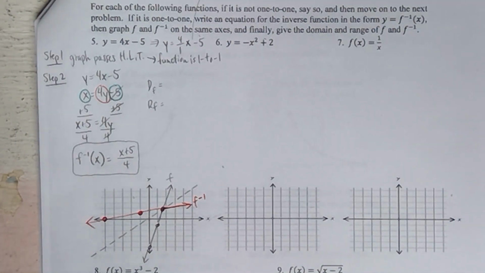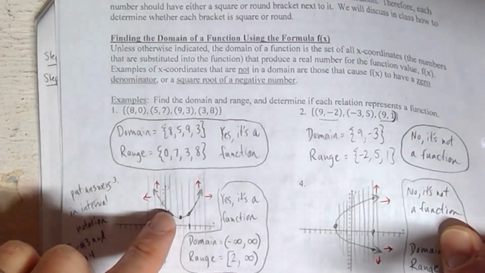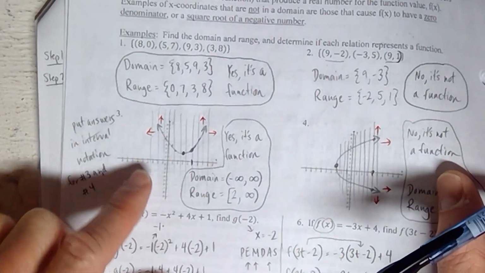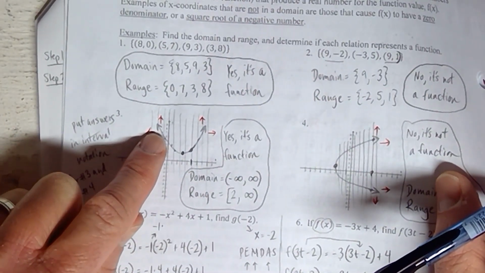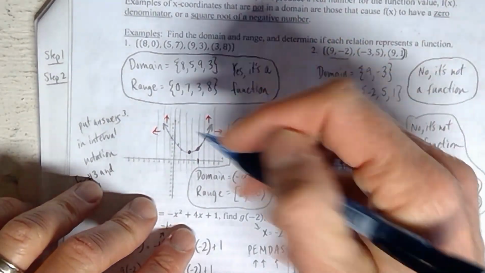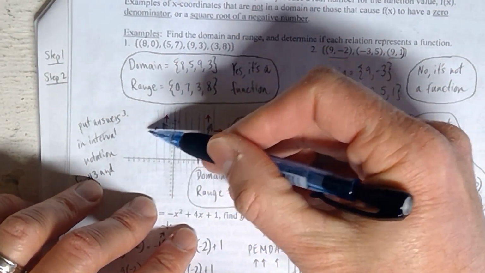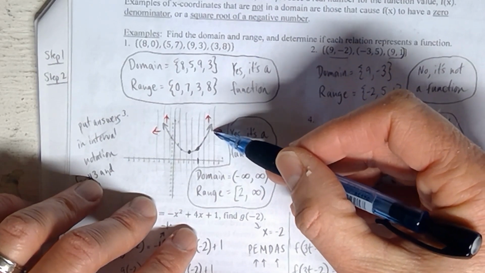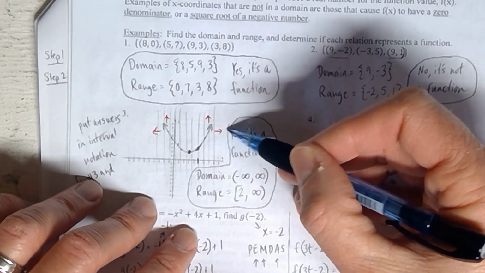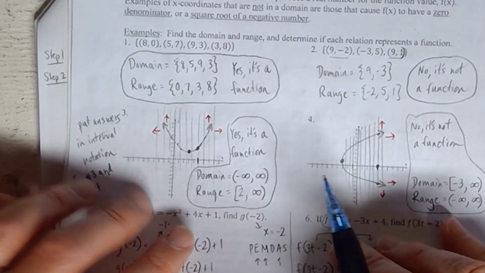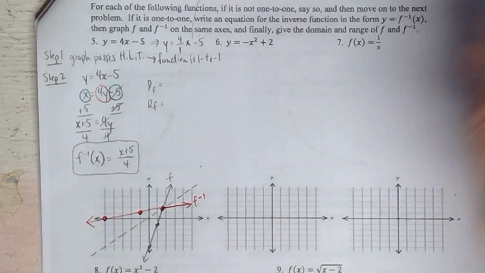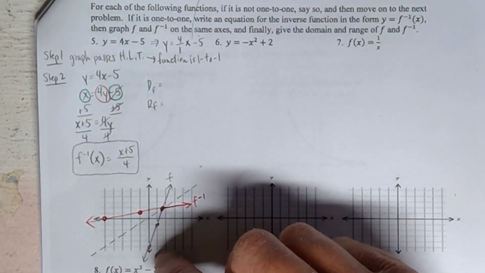Remember we talked about how to figure out domain and range by looking at the graph. If you have arrows that go in a diagonal fashion like this, that means it goes forever to the left and forever up. Another diagonal one here: this one is forever to the right and forever up. Well, this one goes forever in all 4 directions.